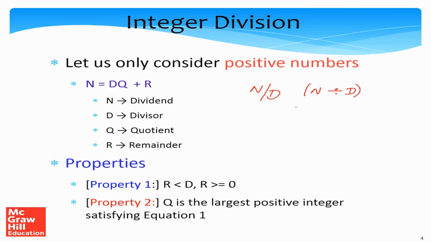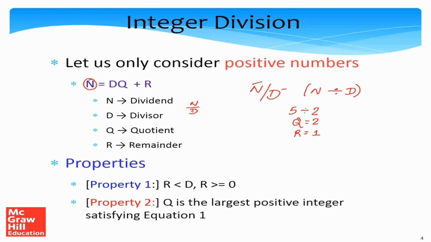For example, if I divide 5 by 2, the quotient is 2 and the remainder is 1. This can alternatively be said as n equals dq plus r, where n, the top number, is called the dividend and d is the divisor. So we are essentially dividing the dividend by the divisor. We are computing n by d.